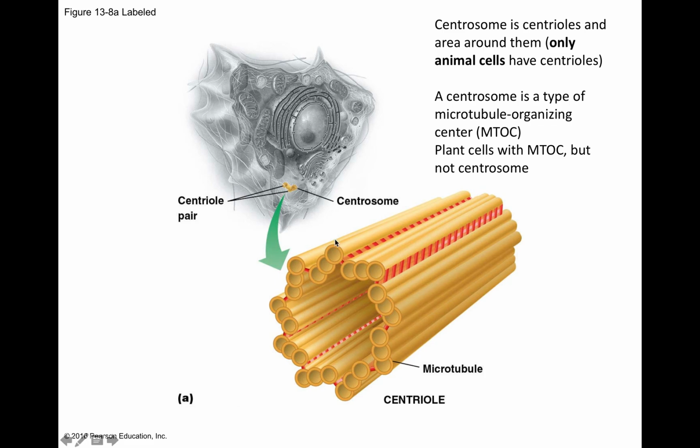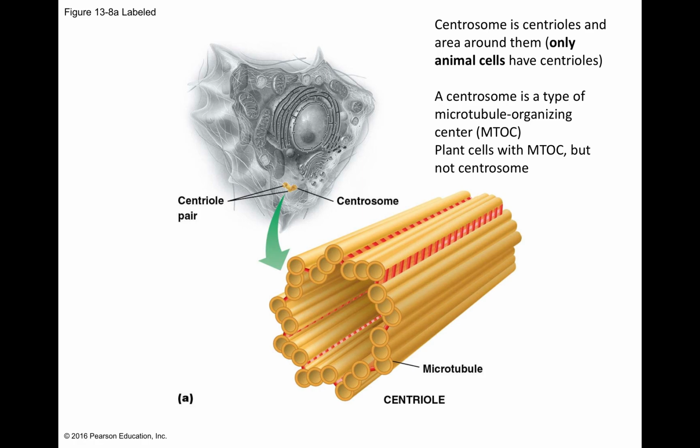We can see this structure really well because these stain really well, but we can't see a structure around this area because it doesn't stain that well. And we call that area the centrosome. This centrosome is a type of microtubule organizing center. So microtubules grow out of this centrosome because it is a microtubule organizing center.